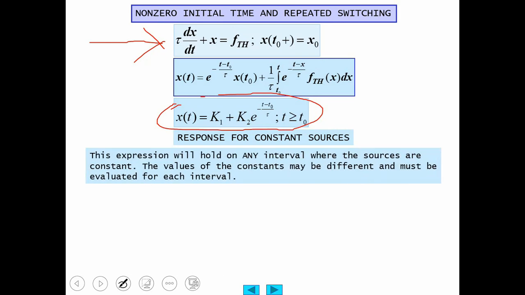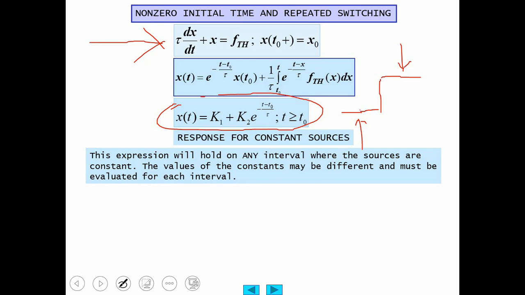It will hold on any interval where the sources are constant. So you have a constant source, you go along, and then you switch, and you have a new constant source. You're going to have K1 and K2 for this interval, and K1 and K2 for the next interval.